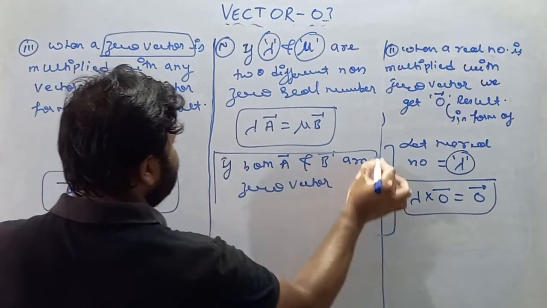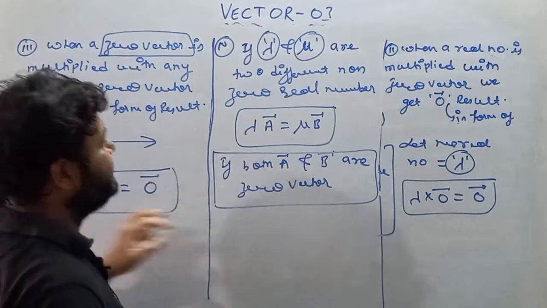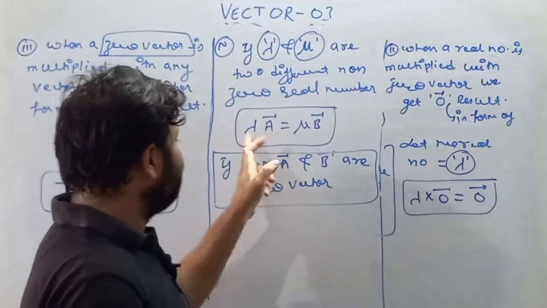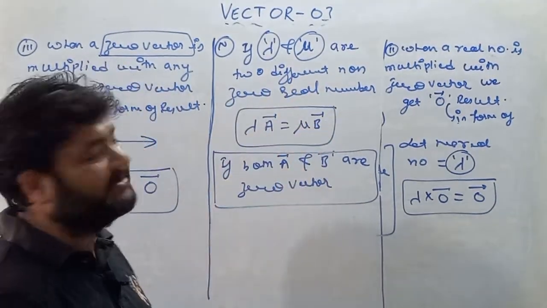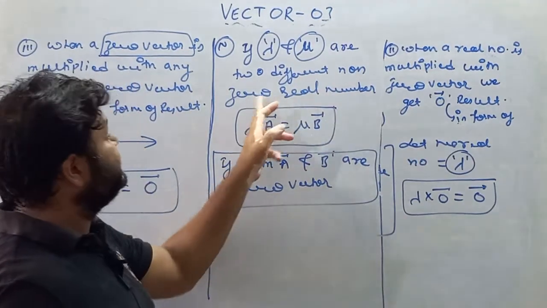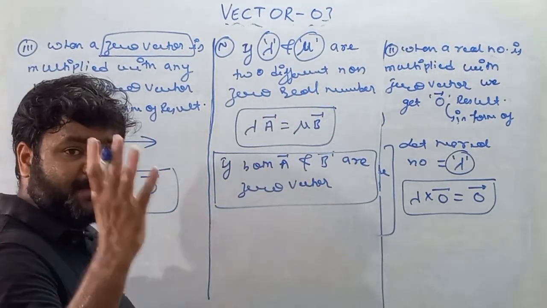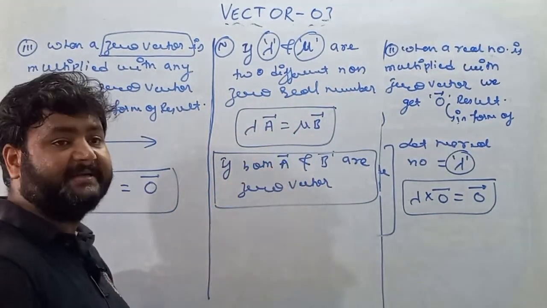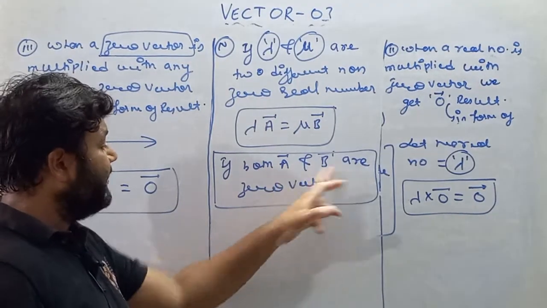So lambda a vector is equal to mu b vector, where lambda and mu are two different non-zero real numbers, then, my dear student, a vector and b vector are 0 vector.